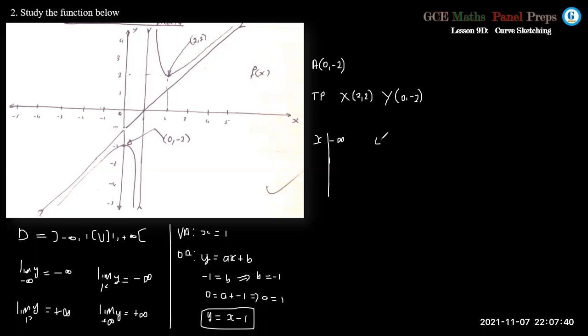Then we have the vertical asymptote at 1. We have another turning point when x is equal to 2. Then we have positive infinity.